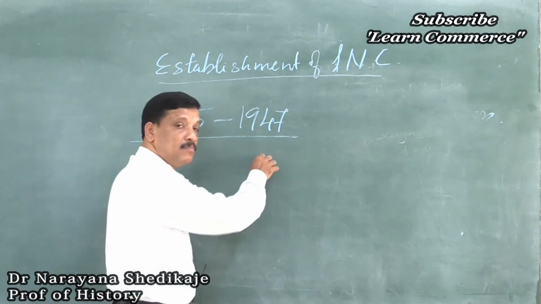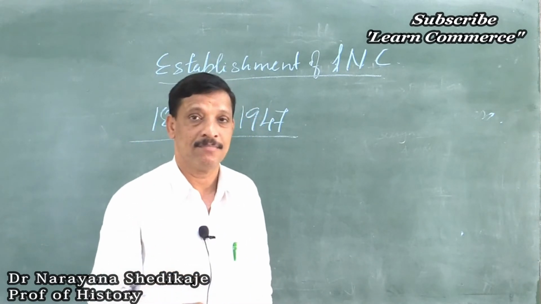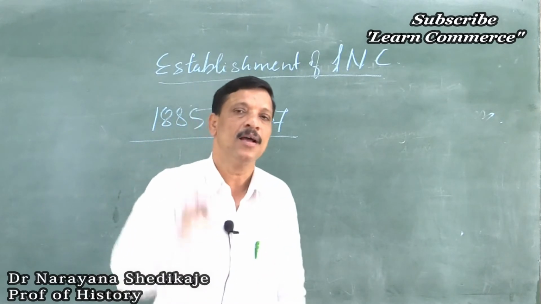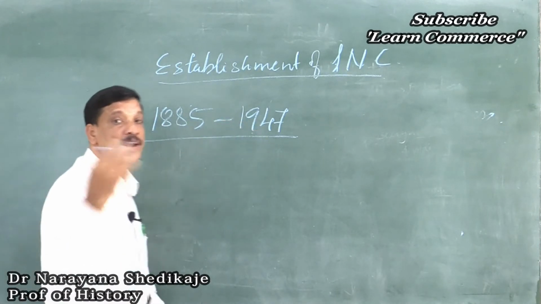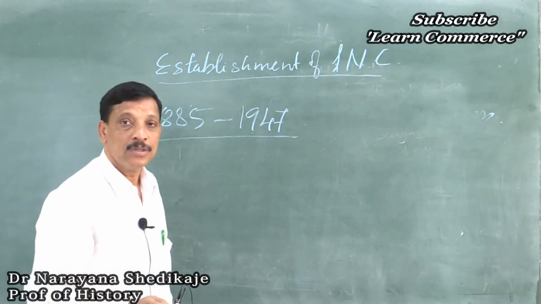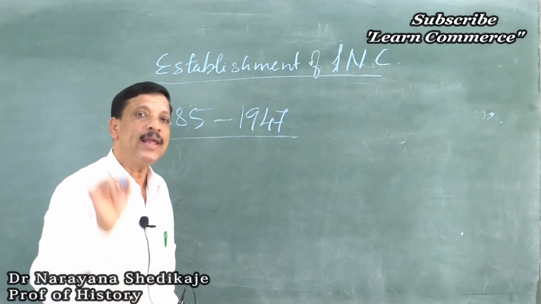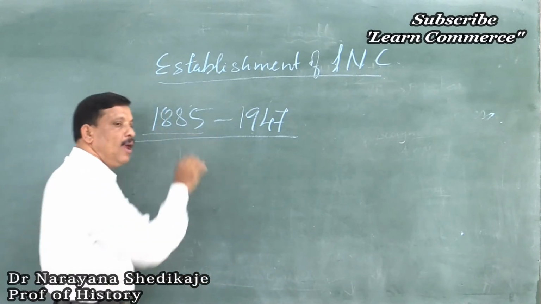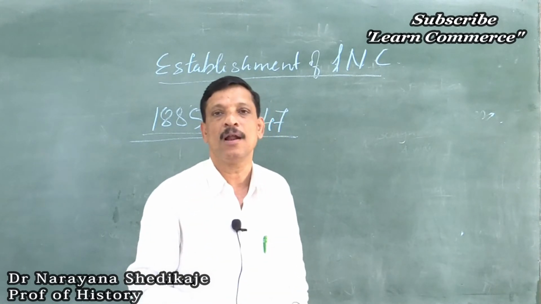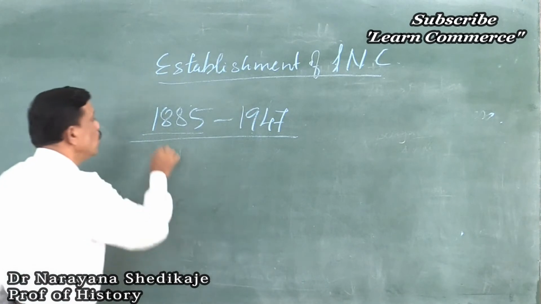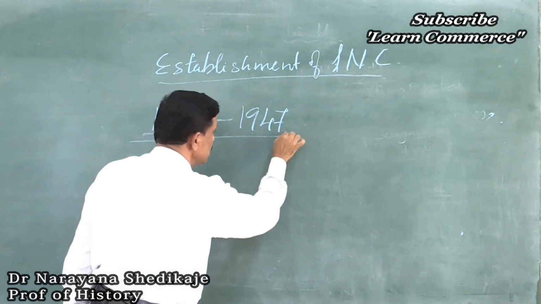Even if we consider 1857 as the beginning of the national movement, when we come to 1947 it was nearly 100 years. But the organized, very systematic movement, a constitutional movement, took place only after 1885. In the form of constitutional methodology, they led the movement from 1885 till independence in 1947.